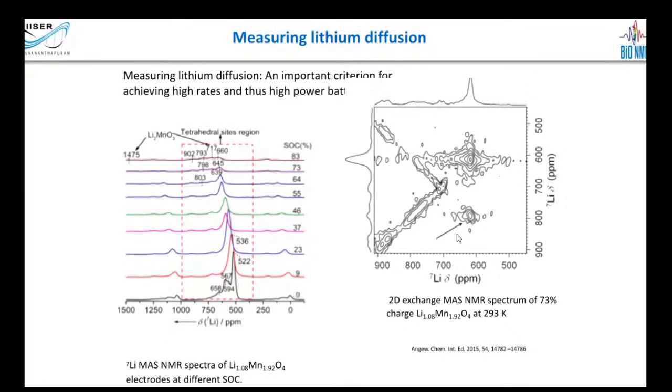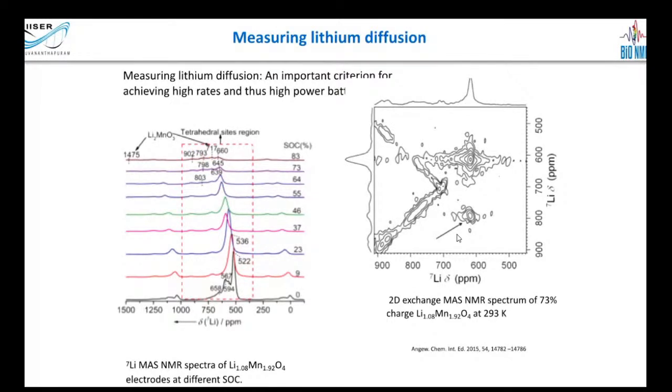This one is 0, 9, 23, 37, 46, 55, 64, 83, so different percentages of charge. We are looking at this lithium NMR. This is the ppm value of lithium, and you see how lithium is moving at different percentages of charge.